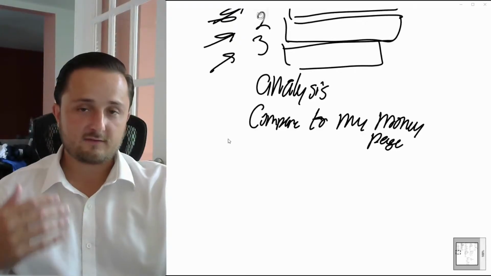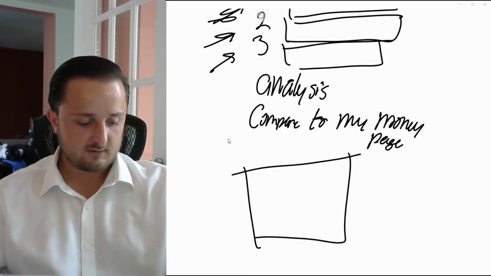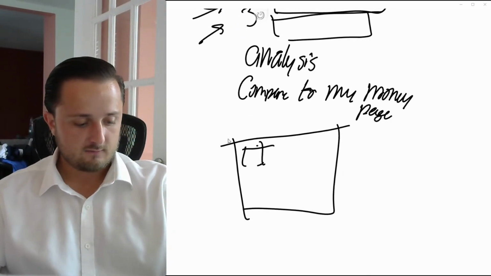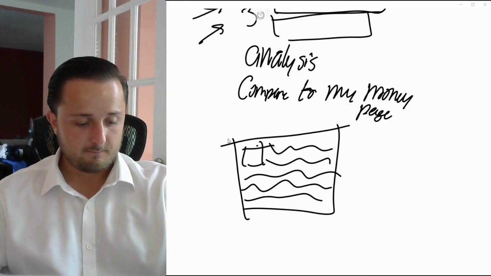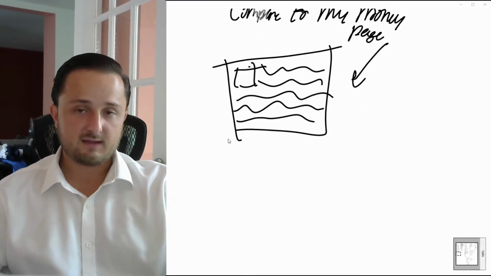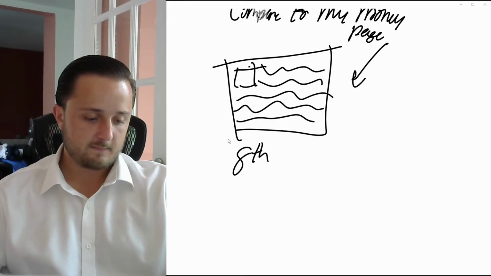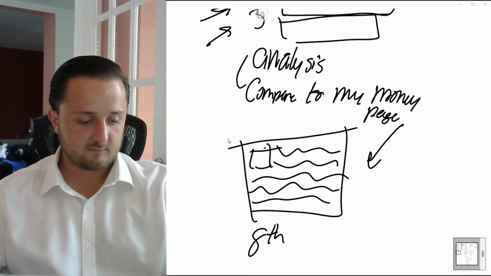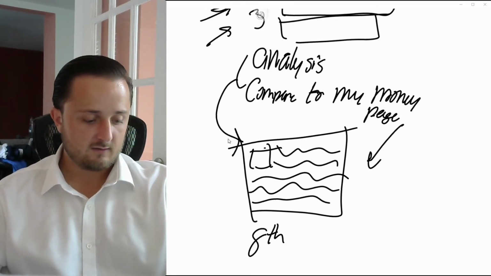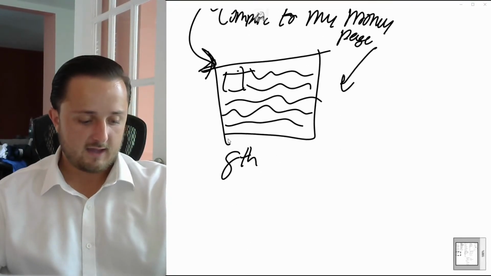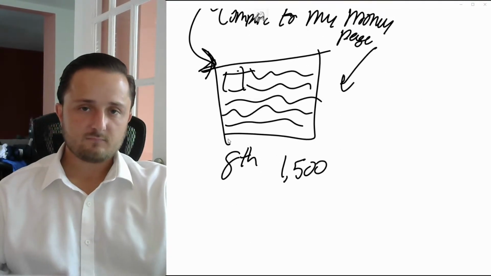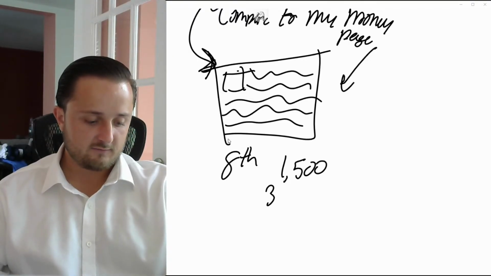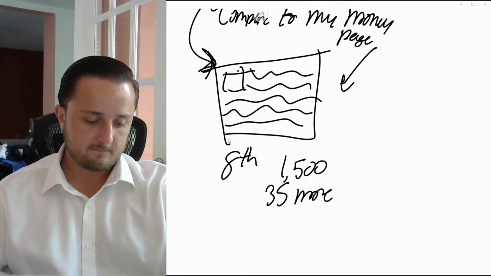What is my money page lacking? This is my money page. What is causing it to be in the 8th position currently? I'm going to run this analysis and compare. Okay, I need to add 1,500 more words to my page. Not only that, I need 35 more entities.